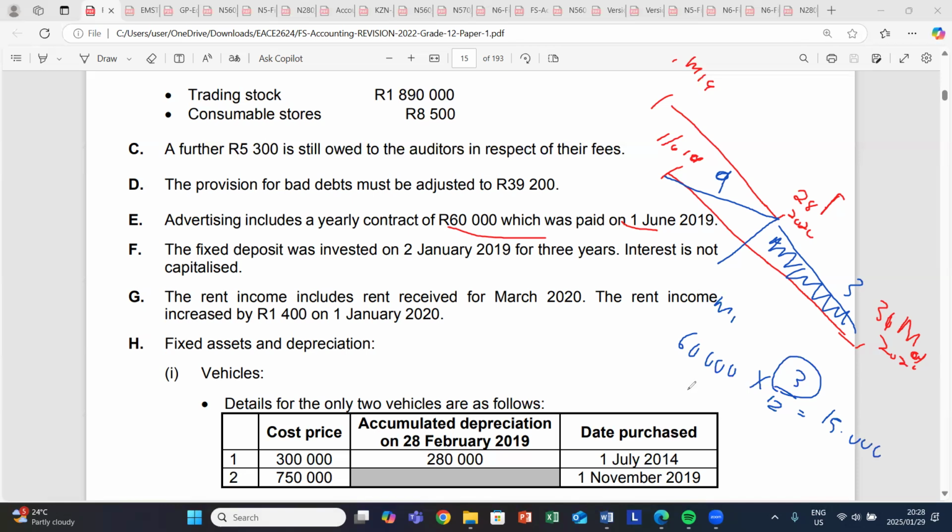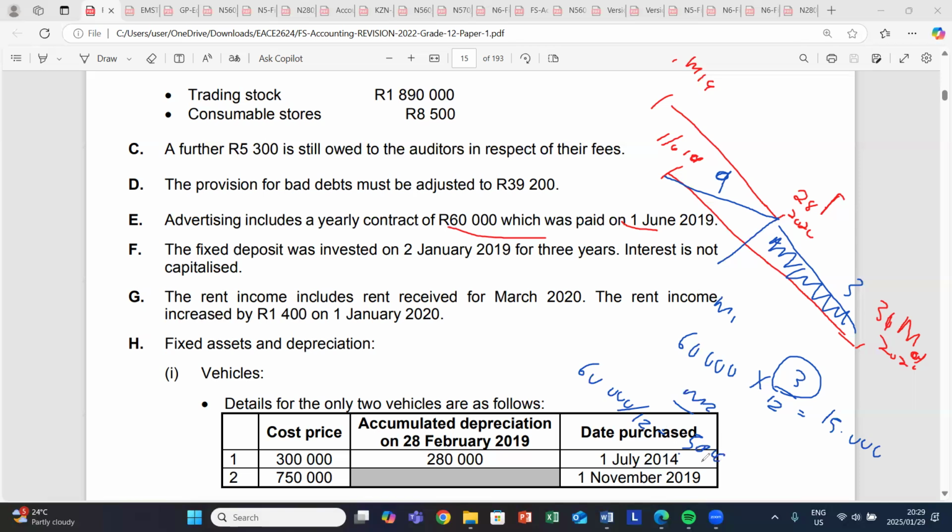Method 2: you say 60,000 divided by 12. I know that this 60,000 rand is for a year. Why am I dividing by 12? So that I can see how much was paid towards advertising each month. I get 5,000. Therefore, 5,000 rand was my monthly premium.